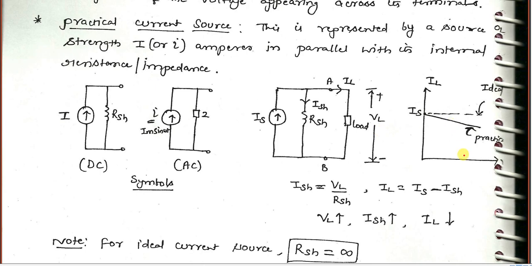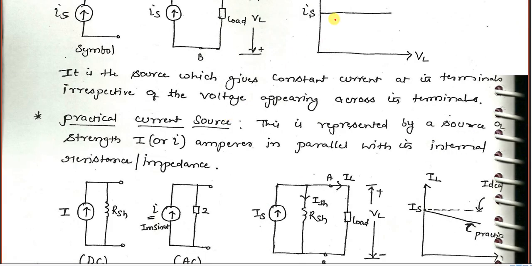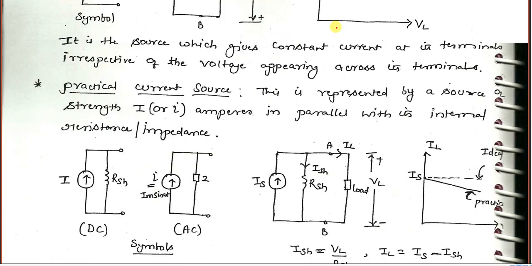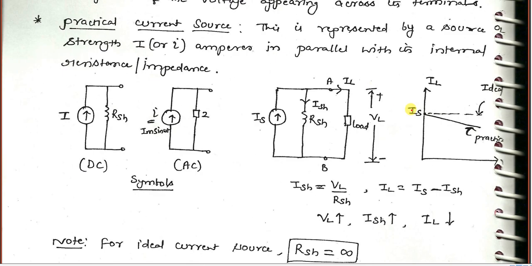So as you increase the voltage value, like in ideal current sources where we get a constant line, that you are not going to get. It will be a little bit less than IS. Source current value is IS.